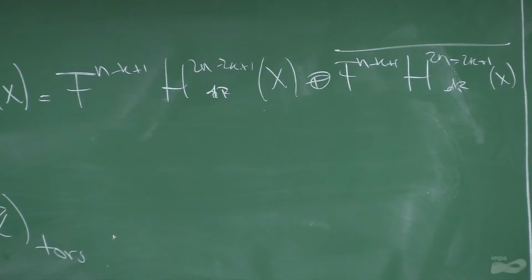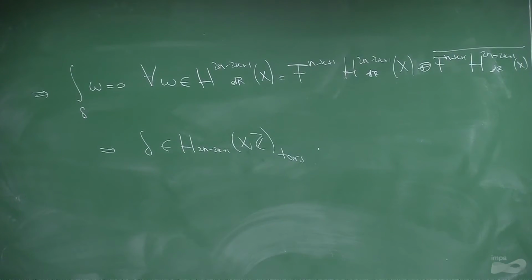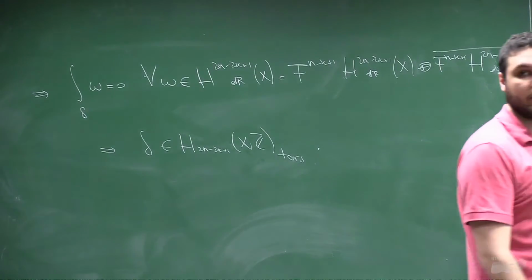It's equal to H^{1,0} of X mod some lattice that is the image of H_{2n-1} of X with integer coefficients inside, by this PD, well, yeah, in H^1_{dR} of X, and then we project it in H^{1,0} of X, right?